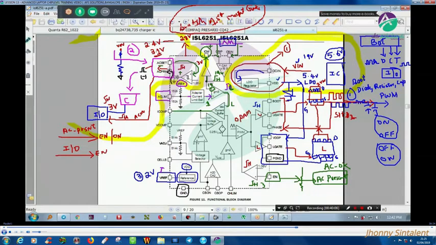Now the two feedbacks coming from the coil are called current sense output, positive and negative. One will go here and another will go here.